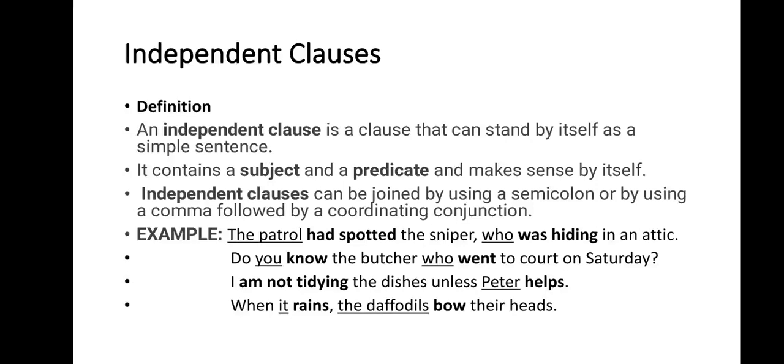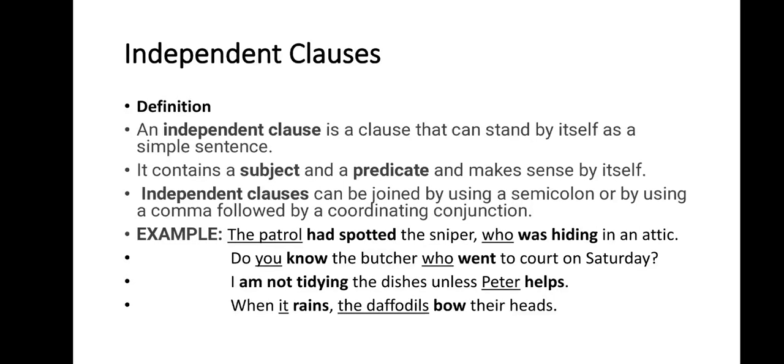Okay, now the last example. When it rains, the daffodils bow their heads. When it rains, the daffodils bow their heads. Now, which group of words can we take as the independent clause? Yes, the second half of the sentence, the latter half.